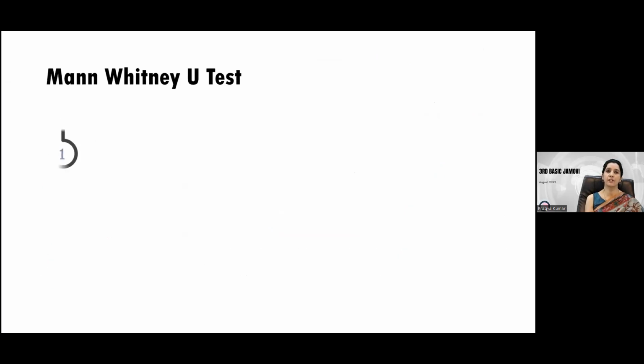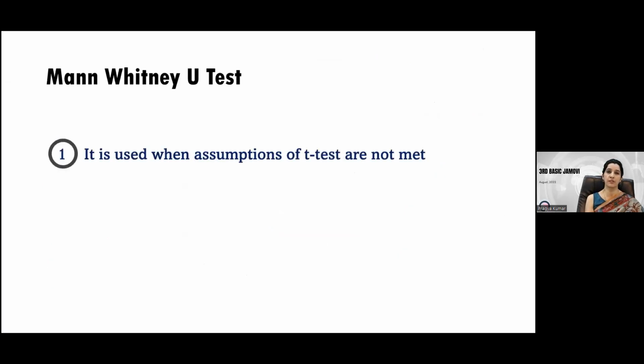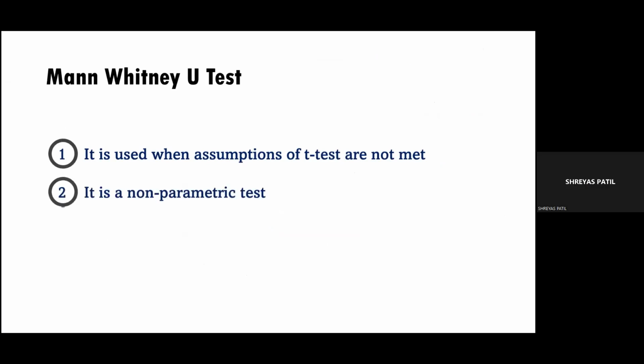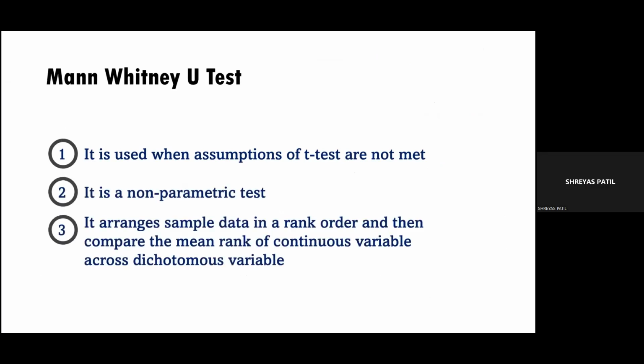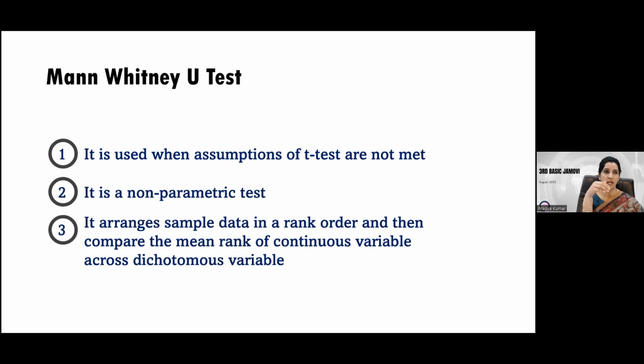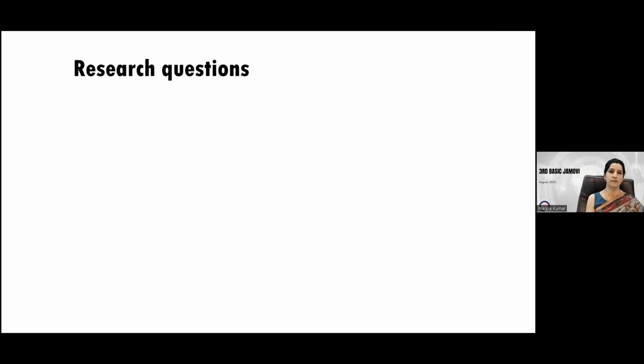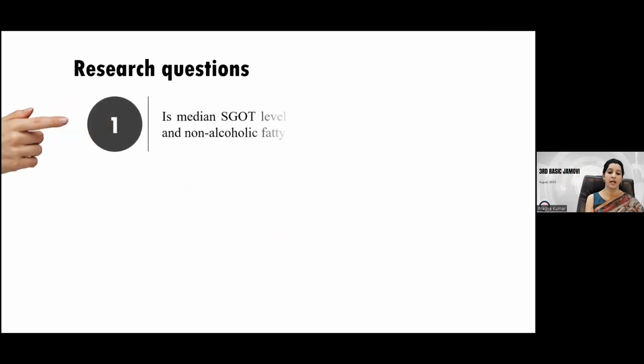The Mann-Whitney U test is used when the assumptions of the t-test are not met, and it is a non-parametric test. What it does is arrange the sample data in rank order, compare the mean rank of the two groups, and give you the value as a median.